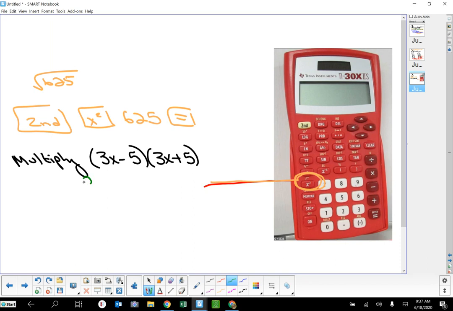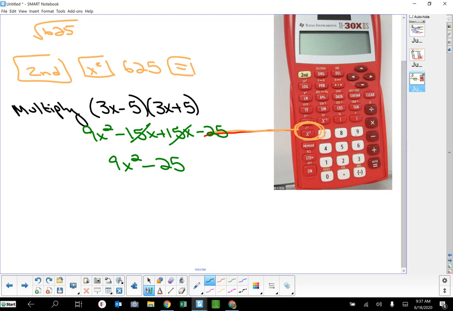Okay, so I get 9x squared minus 15x plus 15x minus 25. And then these will cancel and you get 9x squared minus 25. All right, so the next one I want you to multiply out is x minus 4 times x plus 4.